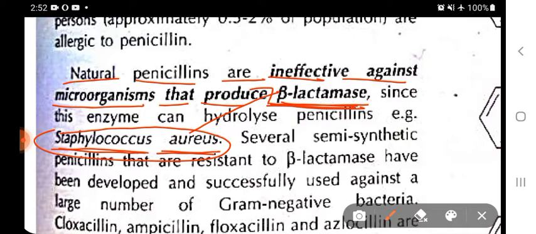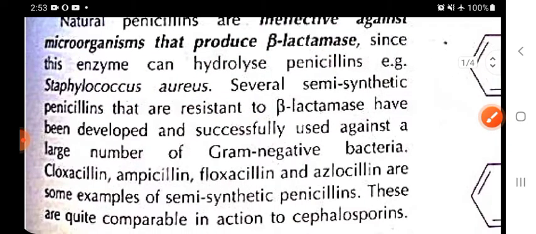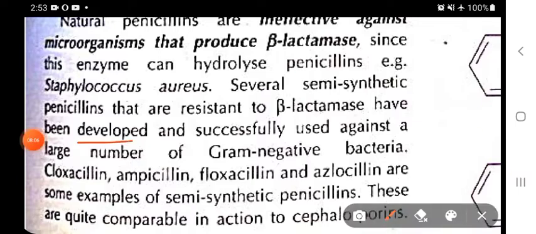Therefore, we prepared several semi-synthetic penicillins which are resistant to beta lactamase hydrolysis, and they are successfully used against a large number of gram-negative bacteria. For example, ampicillin, floxacillin, azlocillin, cloxacillin, and amoxicillin.